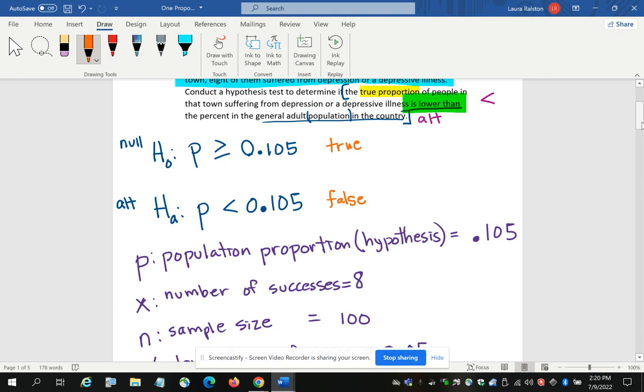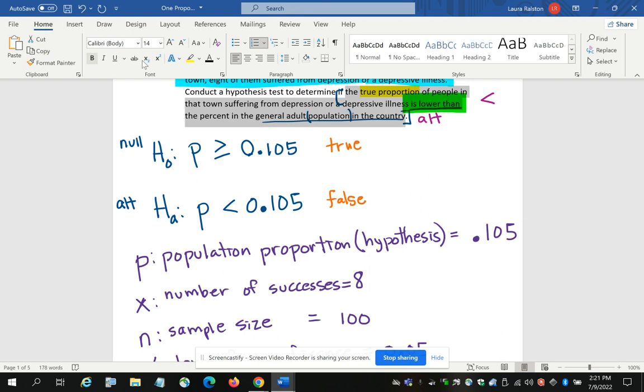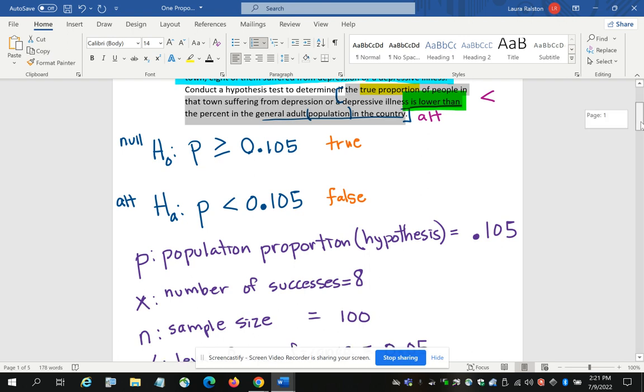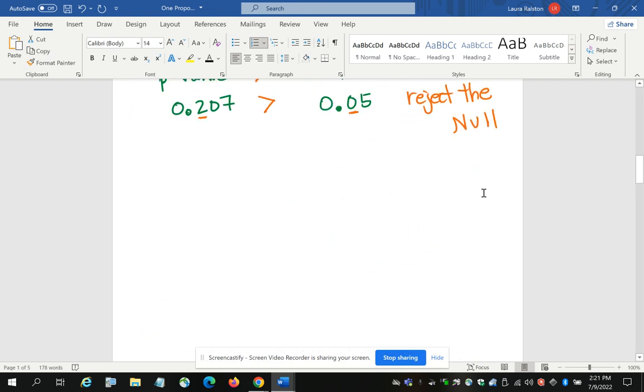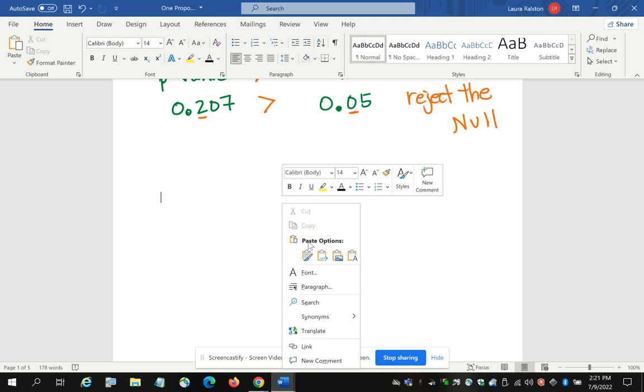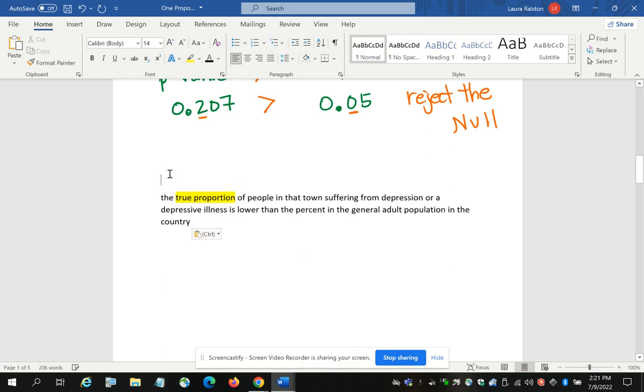Okay, so I can basically take this statement, okay, that's here. Let me see if I can highlight it for us and copy it, because I can basically take this one statement and make it become my conclusion.